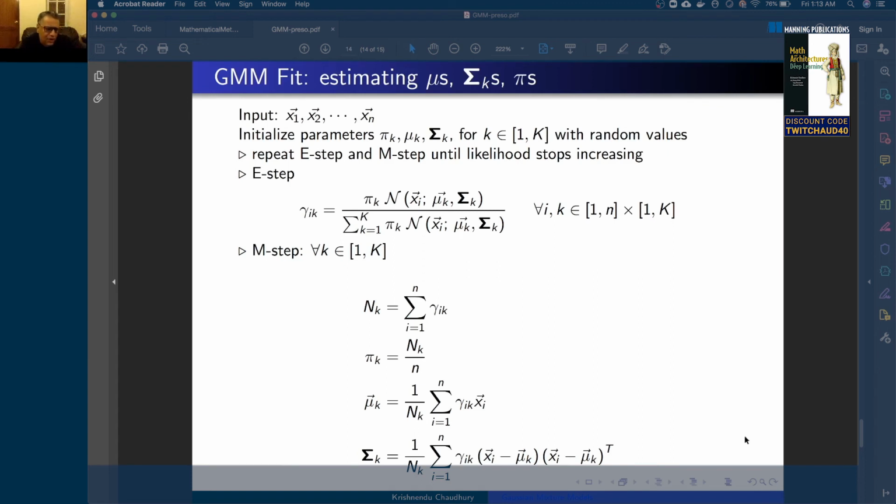So what we have found out is that given such a situation where effectively I have multiple classes, each class follows a Gaussian distribution, I can represent my output variable as a Gaussian.